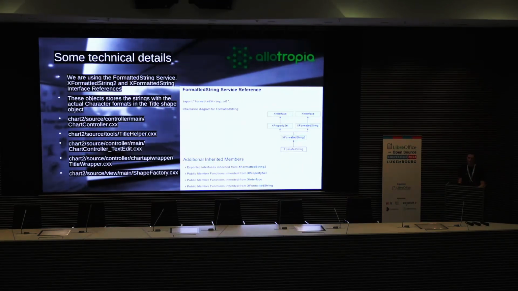With those, we can store the character properties with the related strings in the XTitle object. Most of the implementation was in the chart controller and in the title helper, where we handle and store the formatted strings with their character properties. In the chart API, a new formatted strings property has been added.